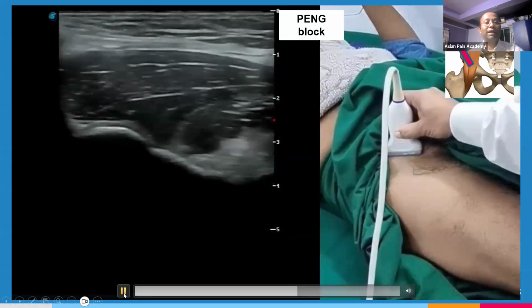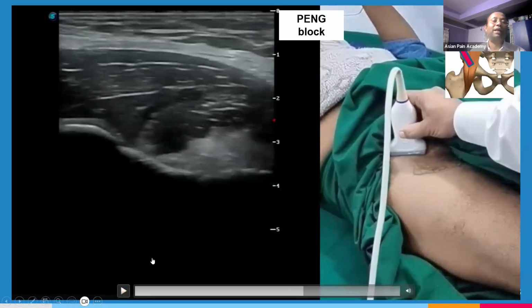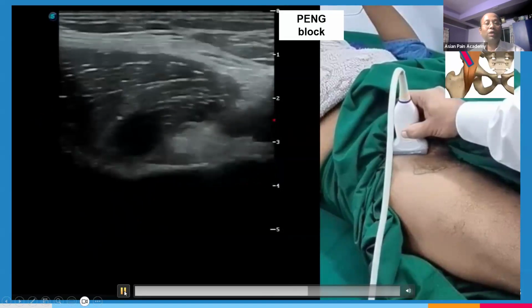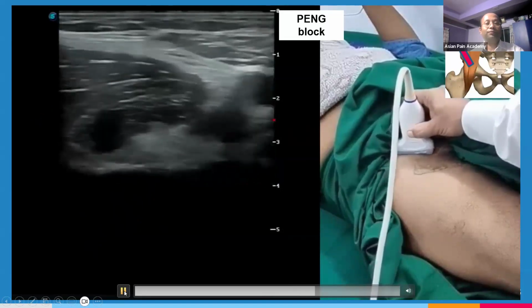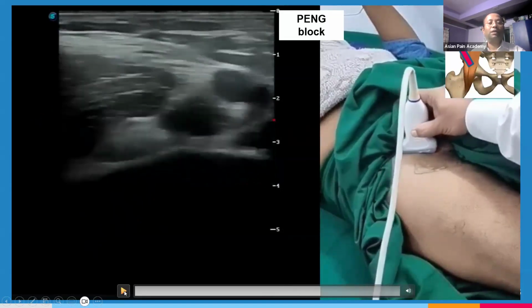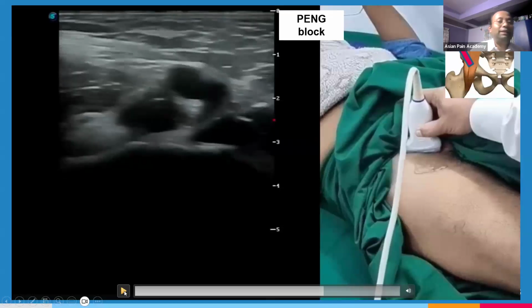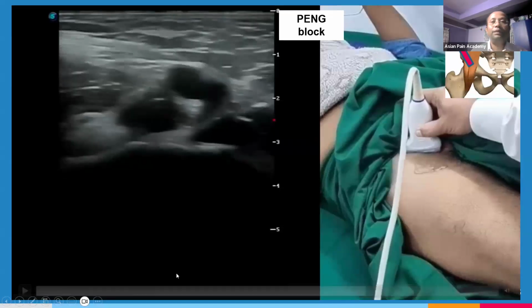As I told you from that picture in anatomy that I showed, this side is the medial fibers of iliacus, this side is the lateral fibers of iliacus, but completely iliacus. Psoas tendon is only this part.